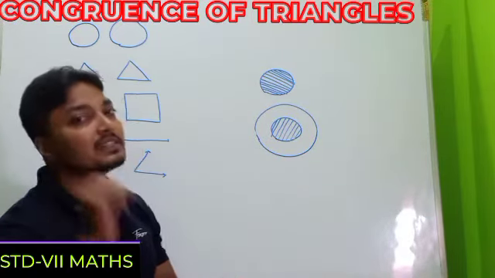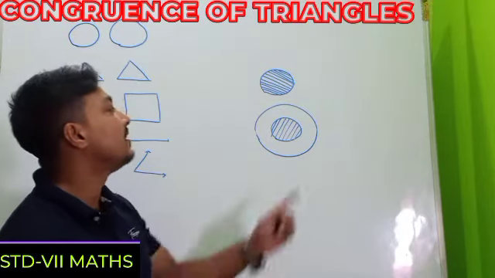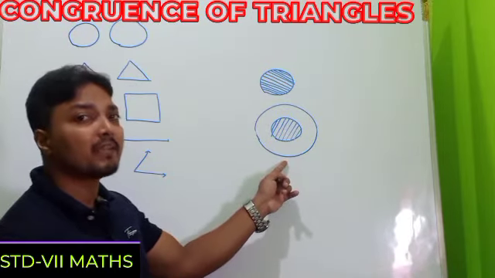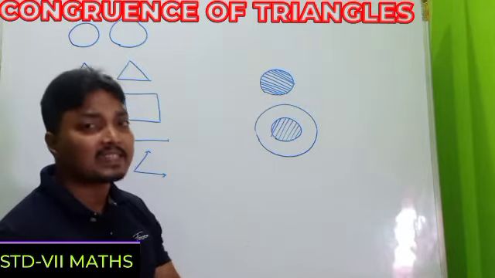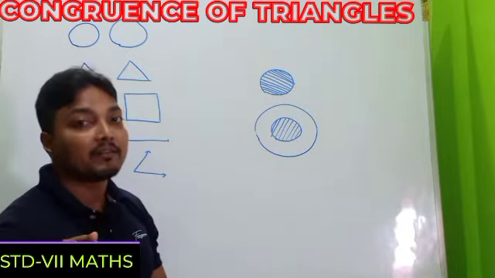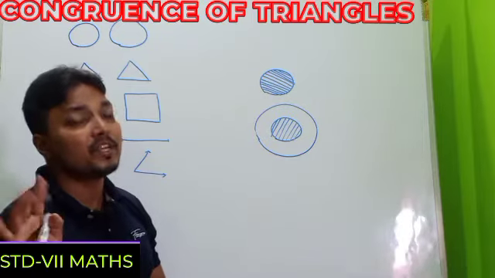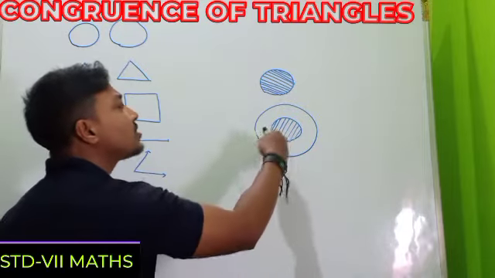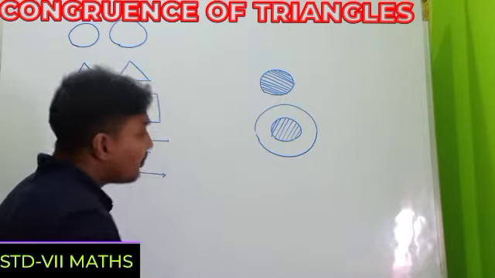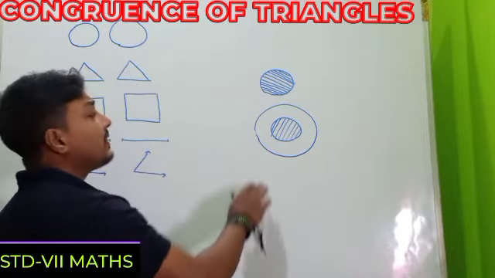Another thing you have to listen to. The shape of a circle is the same; two circles have the same shape. We only want the size to be the same so that the figures are congruent. So remember, circles have the same shape, but they can differ in their size.